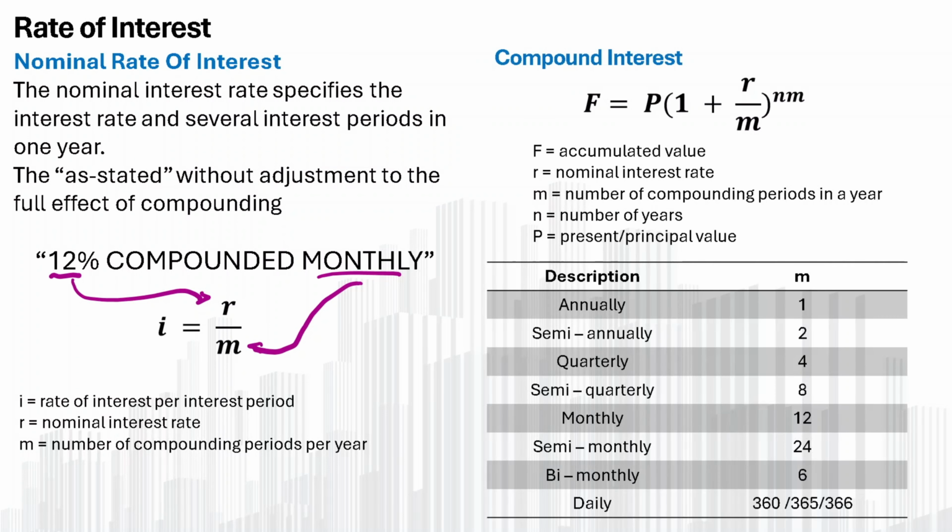Okay. And this is the compound interest in its proper form. F equals P times (1 plus r over m) raised to N, where N is the number of periods times m, number of years usually. So when I say compounded semi-annually, that will be 2, so that will be 2 times the number of periods, usually in years.